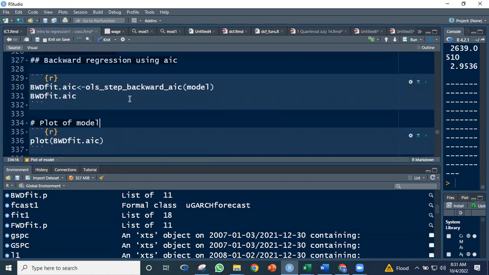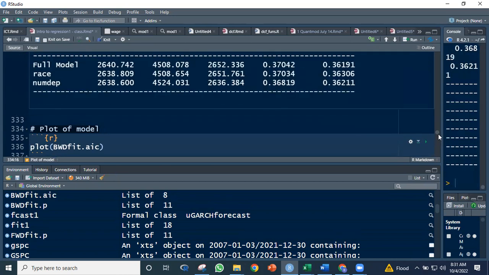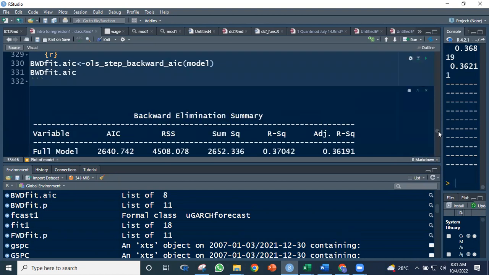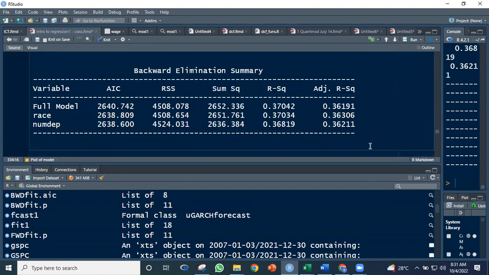Let's look at backward also, but based on AIC. Let's check this. Based on AIC. So the basis is this one. AIC 2640. Okay. So if race is removed, it becomes 2638. If number of dependents is removed, 2638.6.